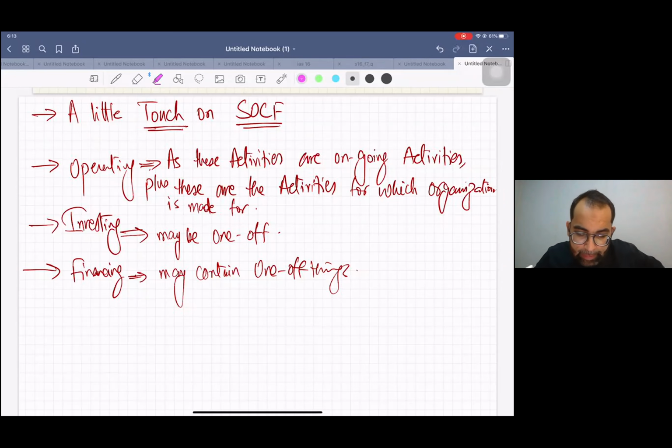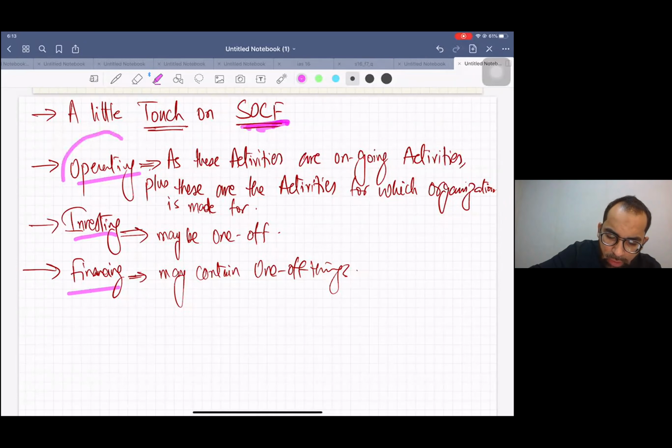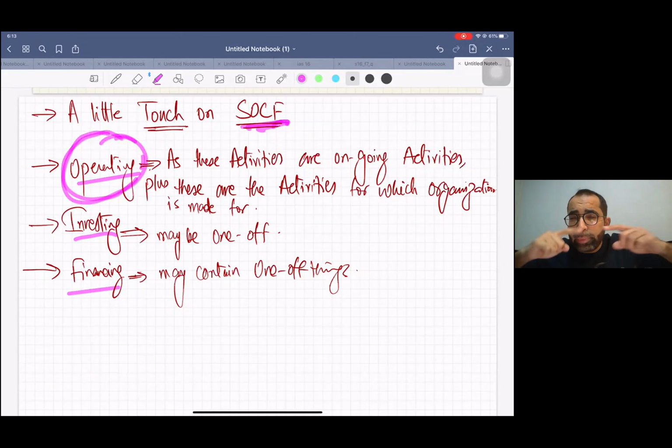Now, if you get an SOCF question or theory question, there are three activities: operating, investing, and financing. Always remember that operating activities are the heart of the company, because they are ongoing activities.